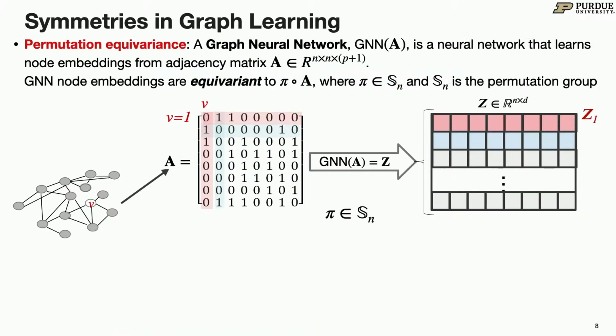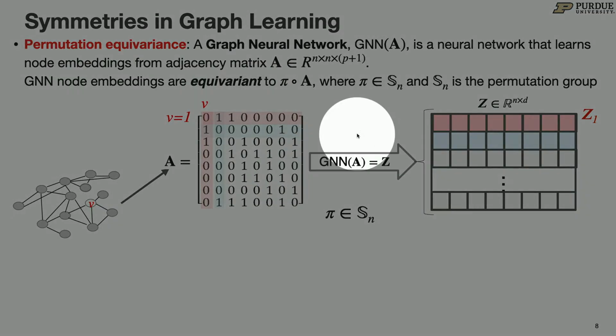For graphs specifically, if I have an adjacency matrix and I apply, say, a graph neural network, which is an equivariant representation for graphs, then each row represents an embedding for a node. The embedding Z1 is the embedding for node 1 of this graph.